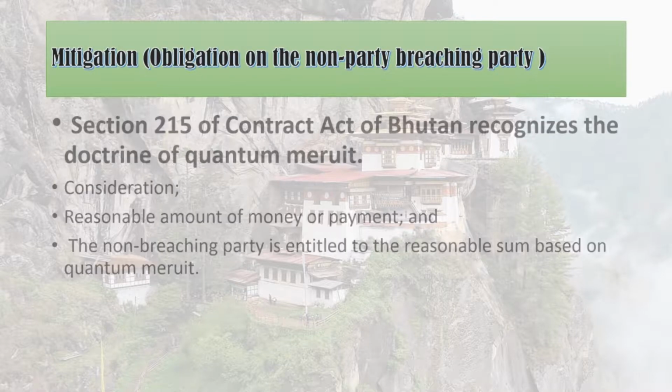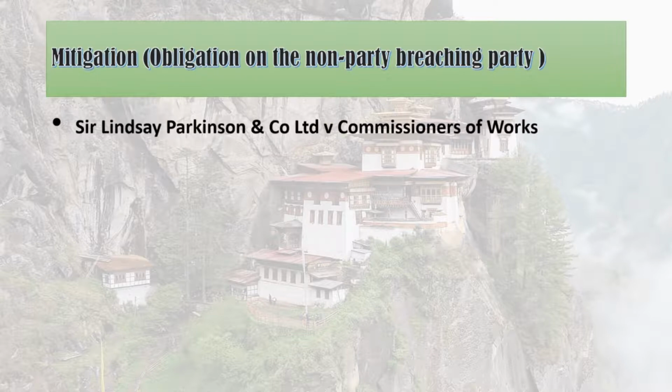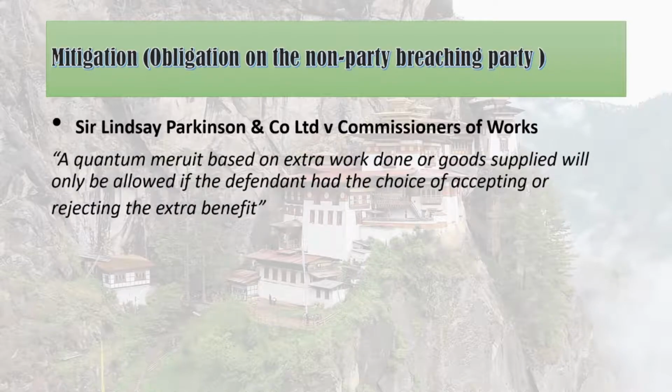So for example, there is a case known as Sir Lindsay Parkinson and Company Private Limited versus Commissioners of Works in 1949. The contractor agreed to do some building work, and the price was £5 million.